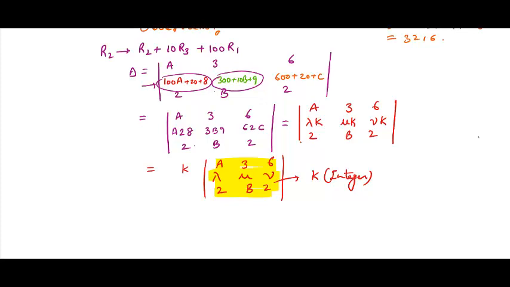So this determinant is also an integer, definitely, and as a result I get the value of the determinant is K times integer, and therefore it must be divisible by K.